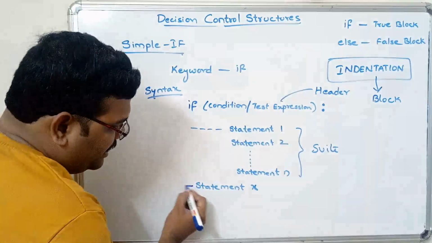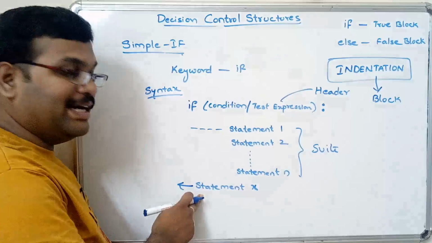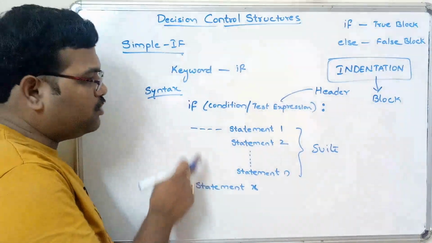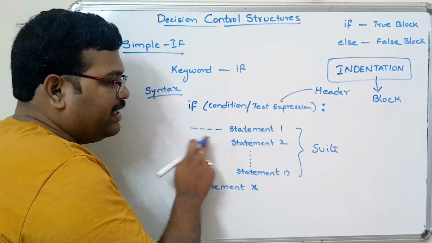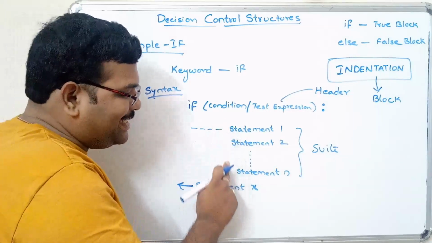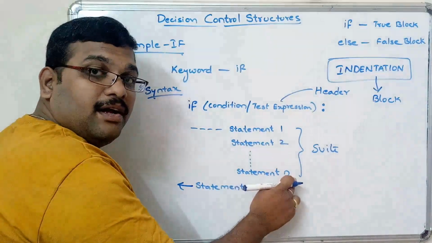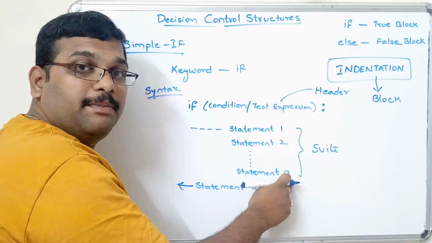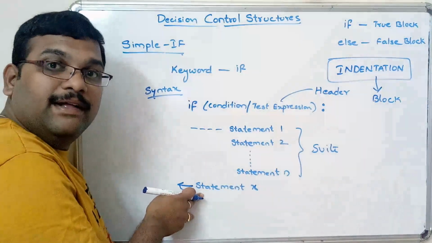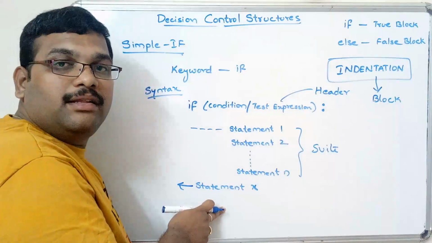Towards its left, the alignment will be done. This statement represents the immediate statement after the if condition, which we observe by using this alignment. For the if condition, there is an alignment of 4 spaces, and this represents a block of statements. After completion of all these statements, we press backspace so that the cursor moves to the leftmost corner, and from here we write the next statement.